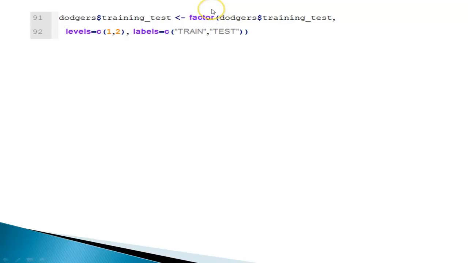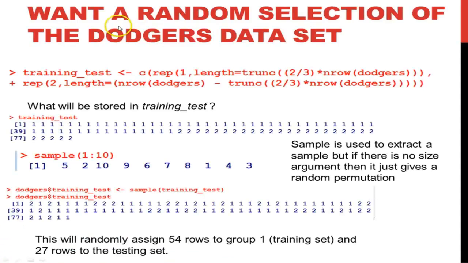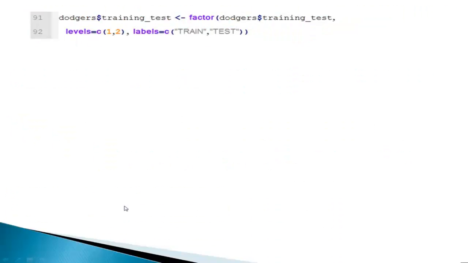But if you specify this like that, then you're specifying that yes, 1 does come before 2, because once you turn it into a factor, these are not numbers anymore. These are just arbitrary symbols. But now we're turning it into a factor, but we're also saying that there's an order. And then the label is train for 1 and test for 2. Okay?